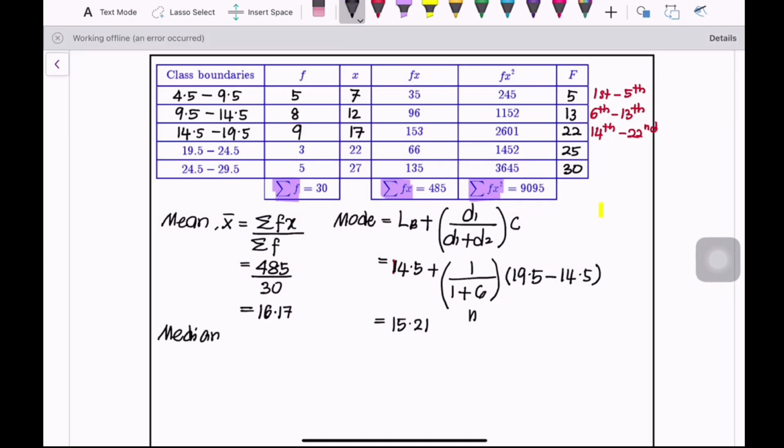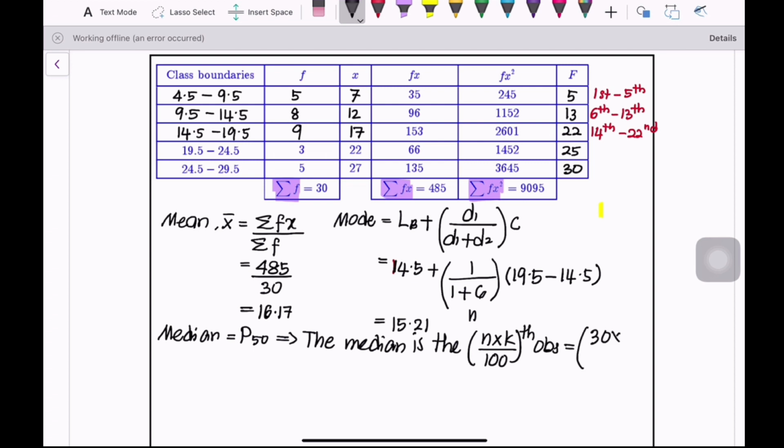Median is equal to P50. First, we determine the observation of the median. The median is the n times k over 100 observation, where n is 30 and k is 50 because the median is P50 over 100.